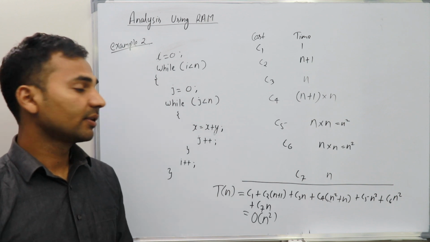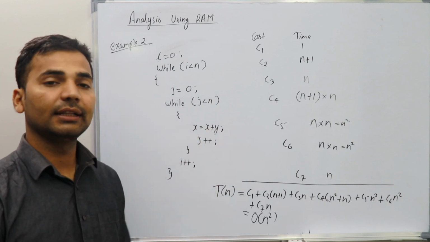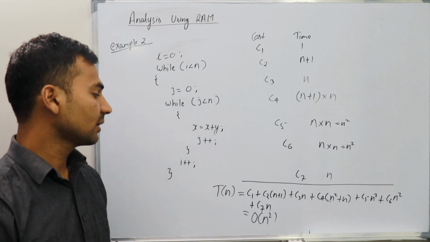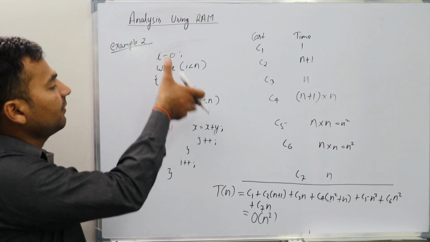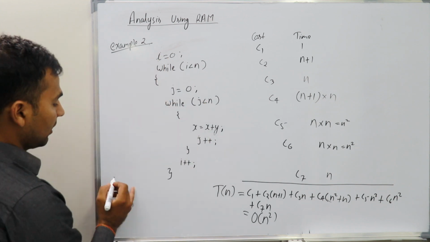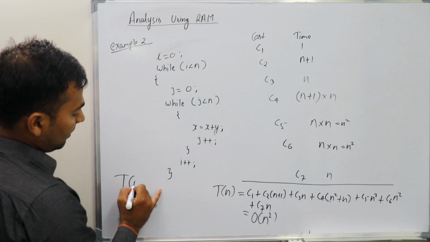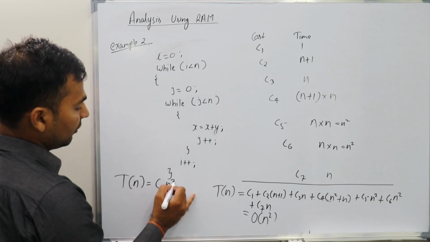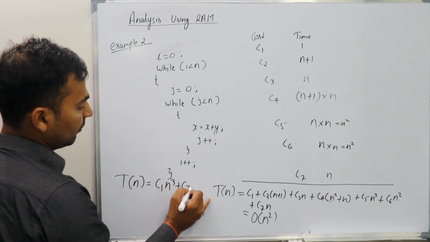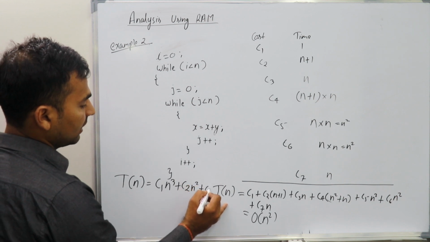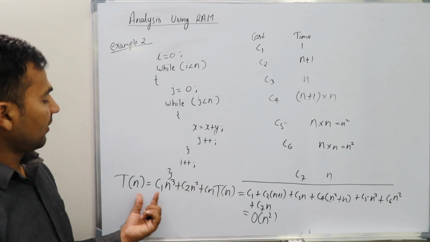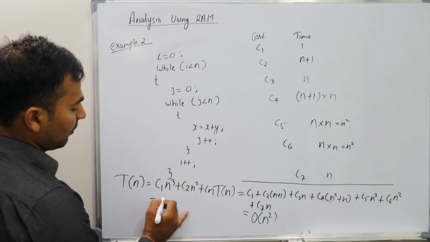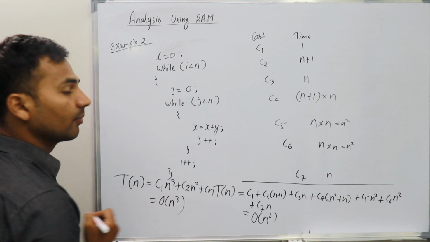Now I hope you have got some idea on finding the complexity of algorithms. For example, if a code is given and you get something like T(n) equal to C1 n cube plus C2 n square plus C n, then what is the complexity of this? It is O(n cube), right?